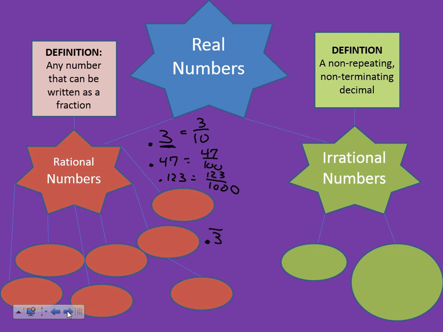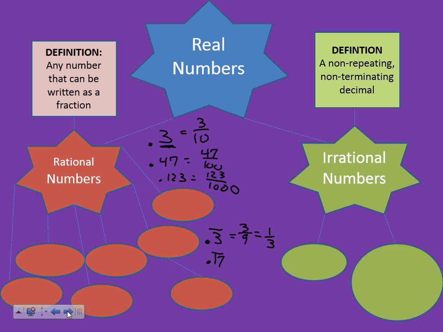You still look at the place value, but instead of going over 10, it goes over 1 less than that. So it goes over what? What's 1 less than 10? 9. And when you reduce this, what do you get? 1/3.